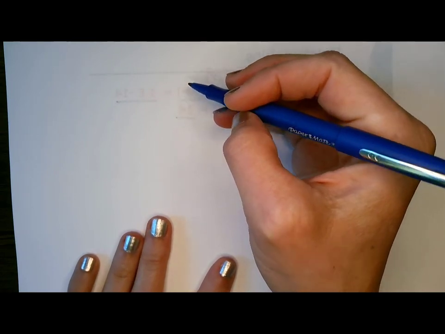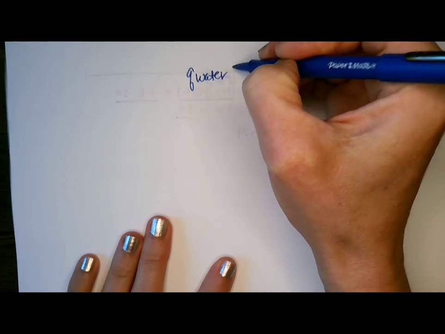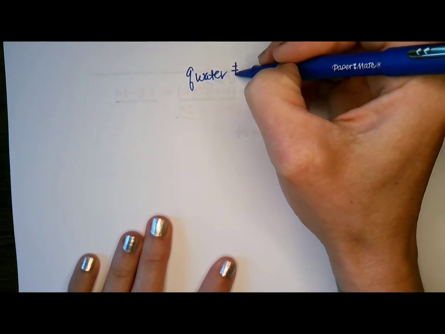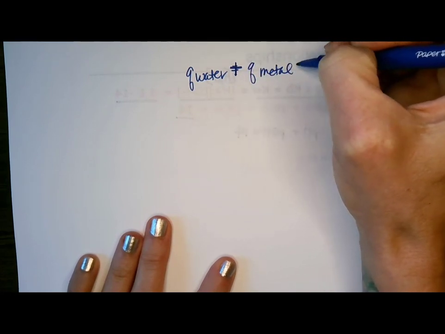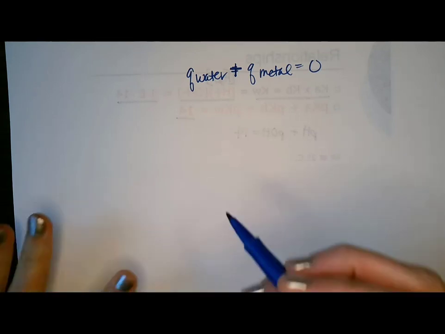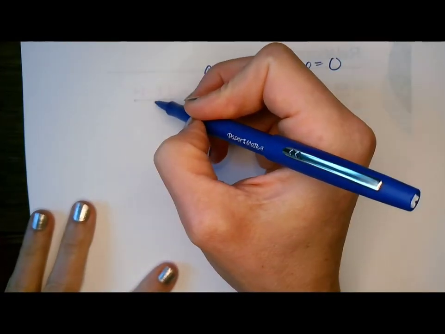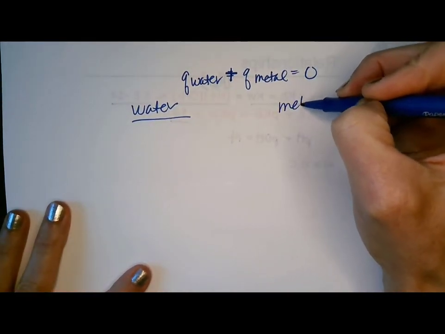We know that the Q of my water plus the Q of my metal is going to be equal to 0, right? The total energy in the universe is not changing. So let's look at water. What do we know? And let's look at metal.